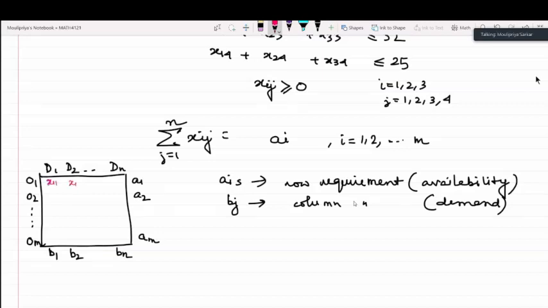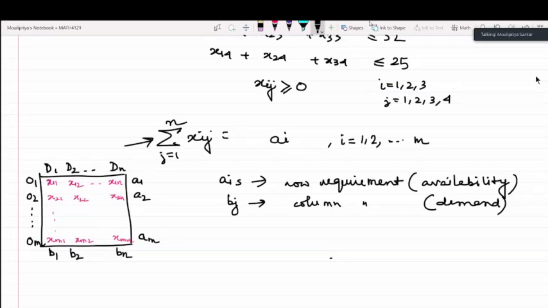And of course this is my table: x11, x12 up to x1n; x21, x22 up to x2n; in this manner, xm1, xm2 up to xmn. So from the first row, can I have this equation, that summation j running from 1 to n, xij is equal to ai?